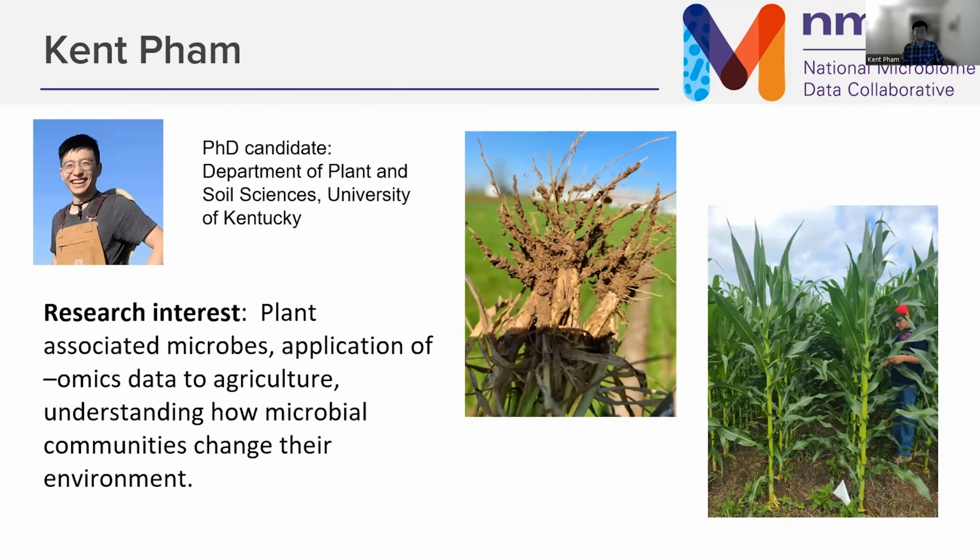Before we get into the meat and potatoes of metadata, I'll give you a little information about myself and why I think metadata is so important. Right now I am a PhD candidate at the University of Kentucky, and my research focuses on the intersection of agriculture and microbiome sciences, particularly metagenomics. My research is two-part.